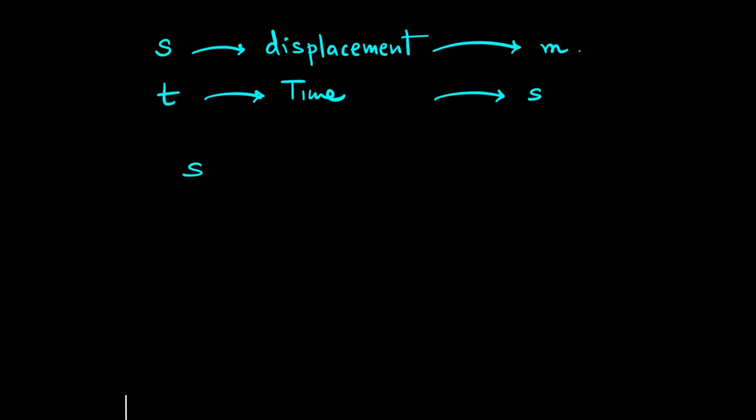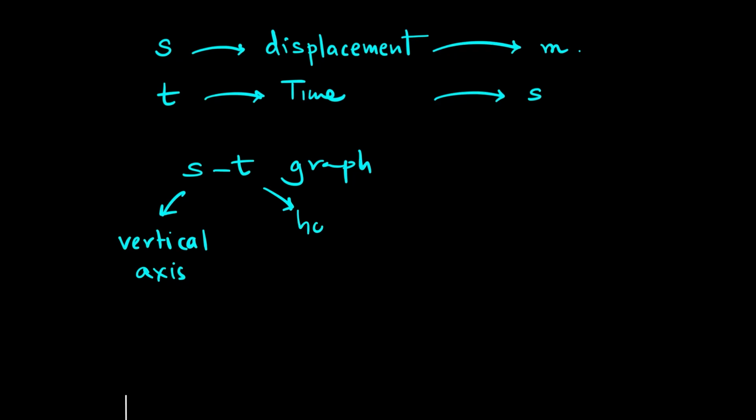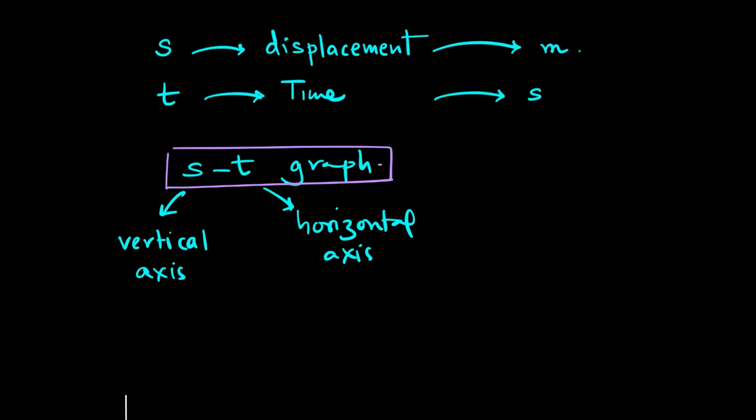Now, in a displacement time graph, the displacement goes on the vertical axis, the y-axis, and the time goes on the horizontal axis. We can use displacement time graph to represent the motion of an object.